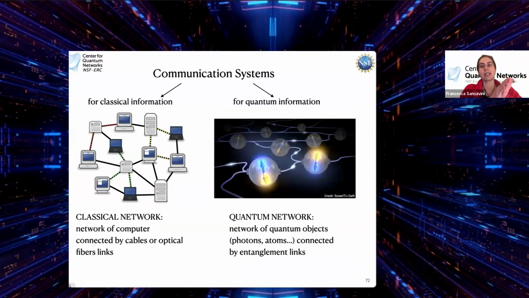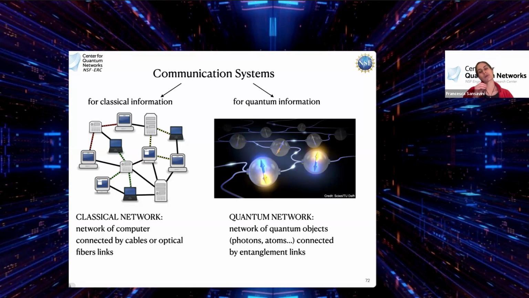And communication systems can be used for classical information. So we will deal with classical networks. For example, networks of computers connected by cables or connected by optical fiber links. But we will need dedicated different types of communication systems for quantum information. And in this case, we will deal with quantum networks.